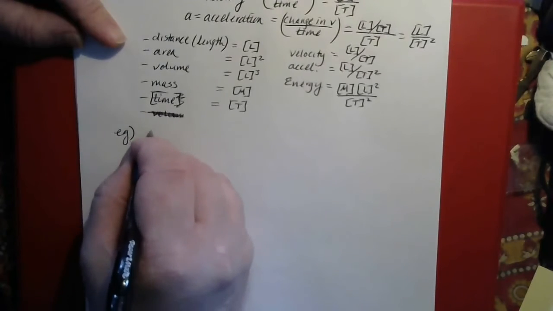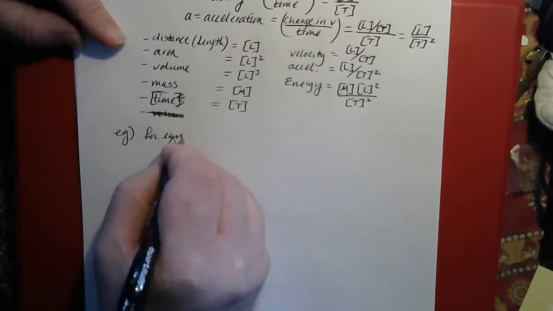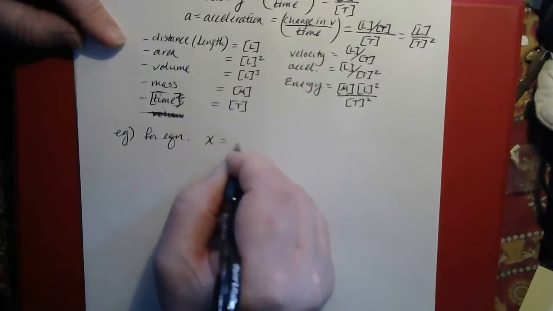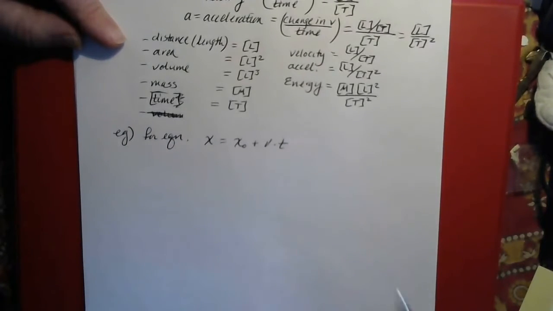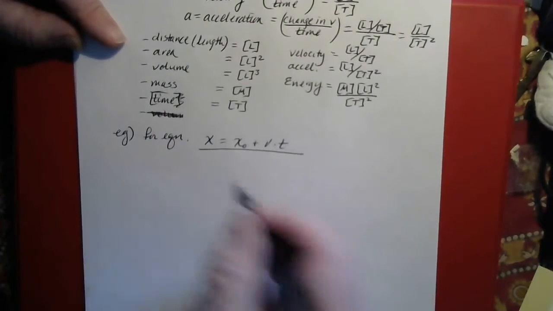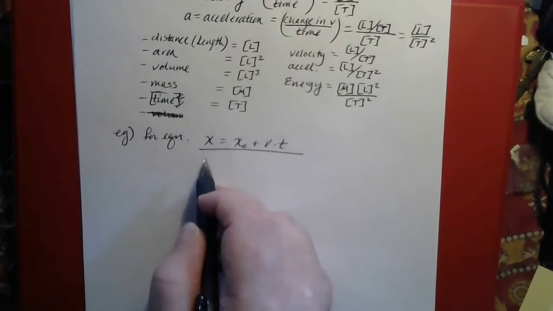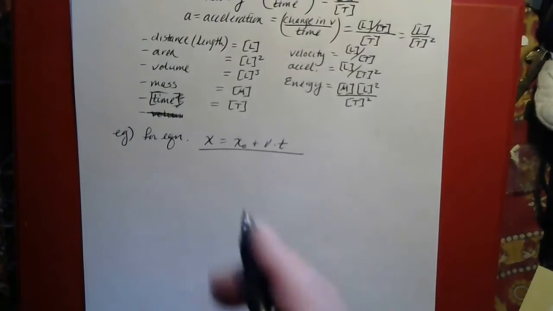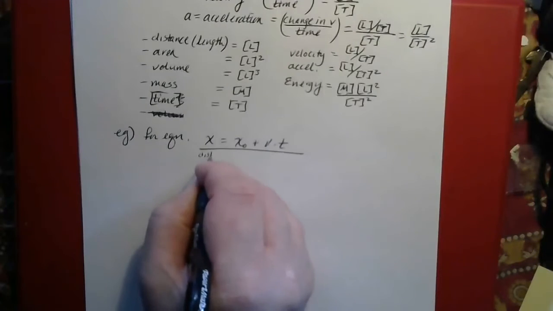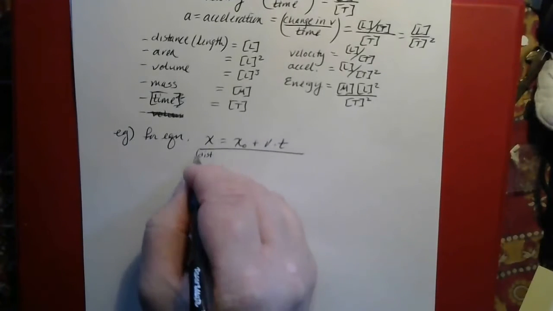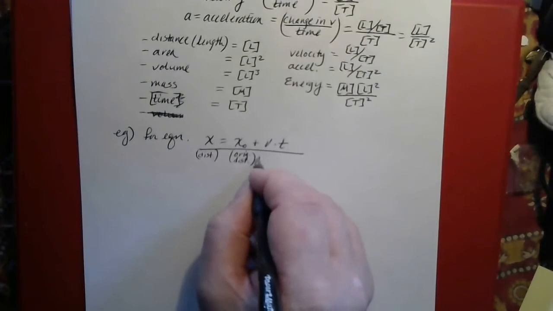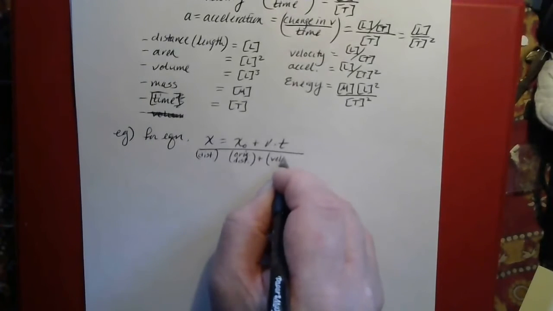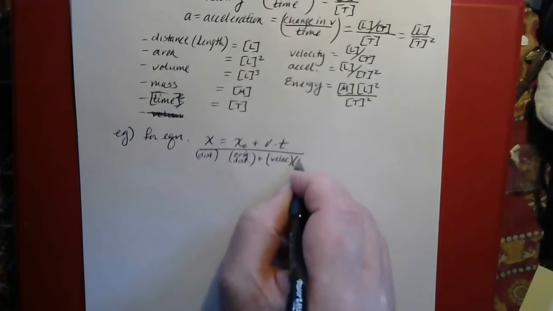So for example, for the equation x equals x original plus velocity times time, we have x, which represents position or distance, equal to the original distance plus velocity times time.